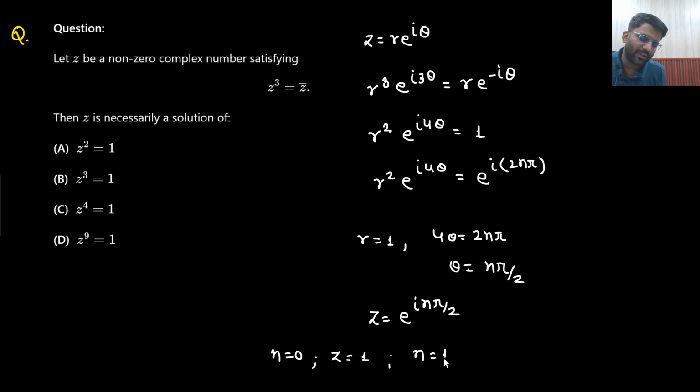Then I can put n equals 1. Then I get e to the power j pi by 2, which is j only. So Z equals j.